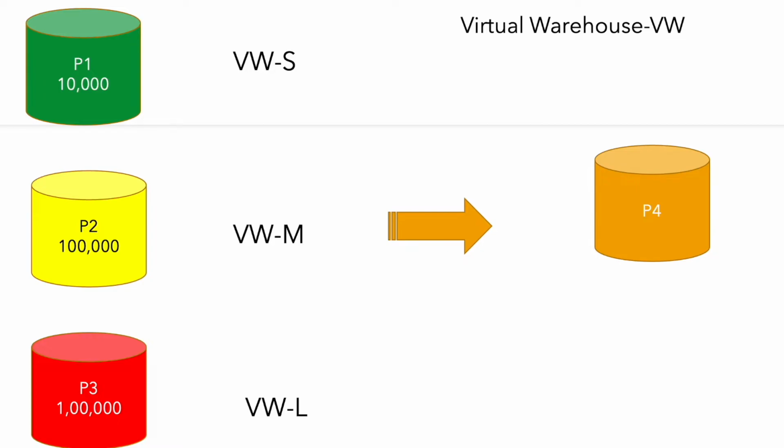For 10,000 rows, we launched a small warehouse. For 100,000 rows, we launched a medium warehouse. And for a million rows, we launched a large warehouse. The amount of time the small warehouse took and the large warehouse took is the same, and the cost is also efficient.